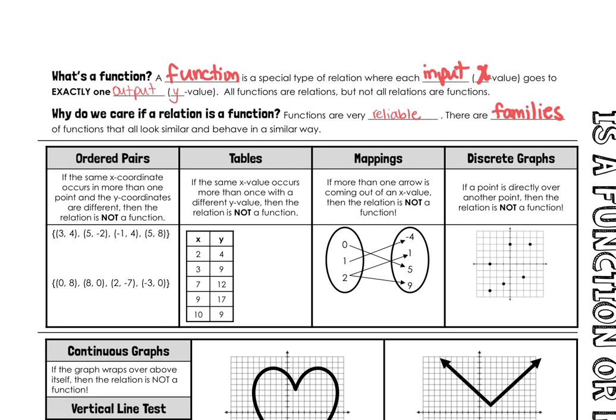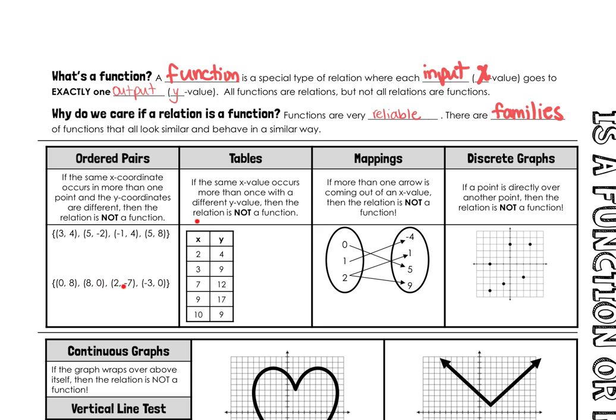In the next tab, we are going to look at functions. So I have given you 4 ways that these relations can be represented and how to determine if they are a function in each way. So when we're looking at ordered pairs, if the same x coordinate occurs in more than one point and the y coordinates are different, then this is not a function.